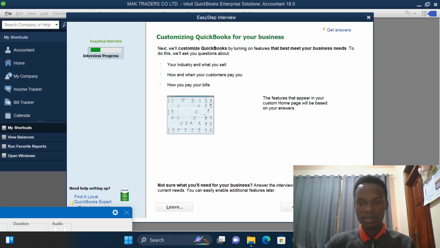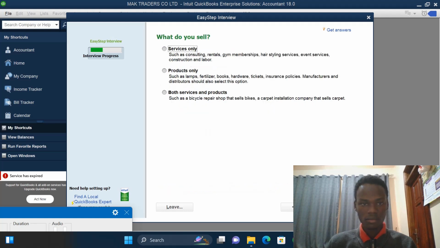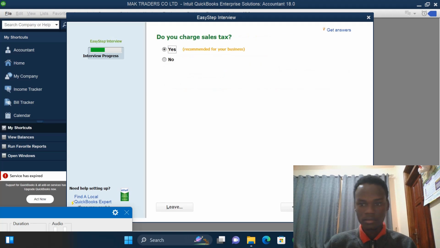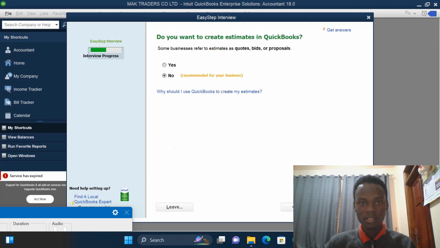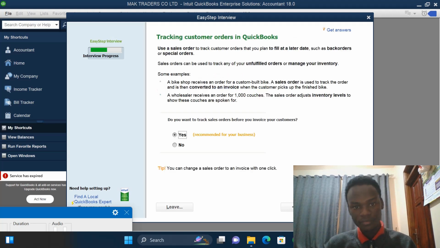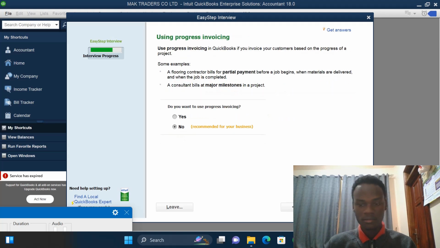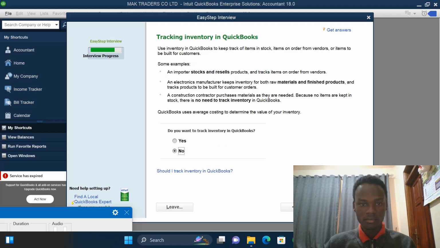Okay, there we are. So both services and products. Record each sale individually. Yes, yes, yes. Do you want to track your inventory in QuickBooks?